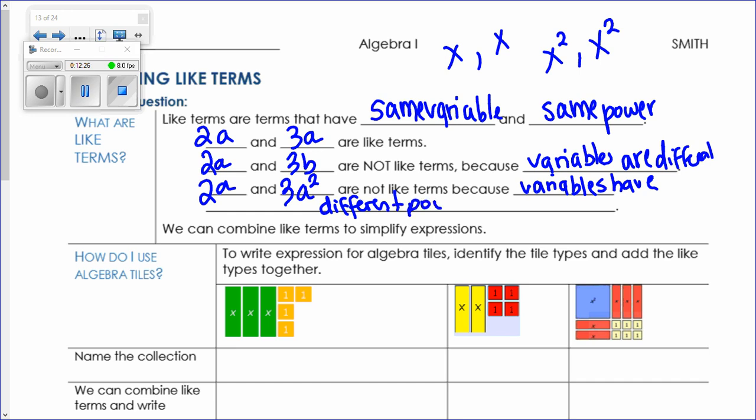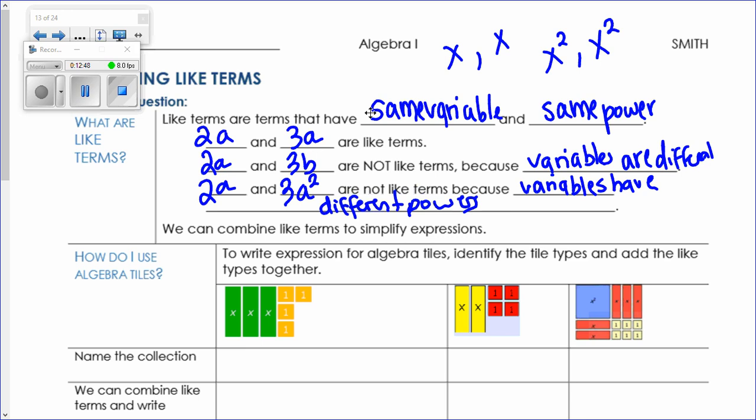The first has a power of 1. The second one, 3a squared, has a power of 2. So we need to combine like terms to simplify expressions. We cannot combine two different variables. We cannot combine variables where the powers are different.